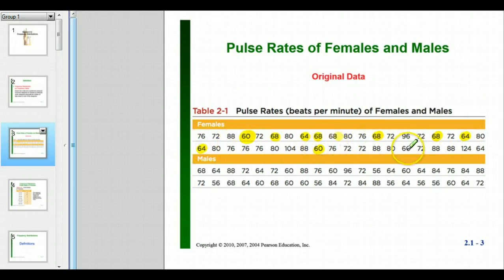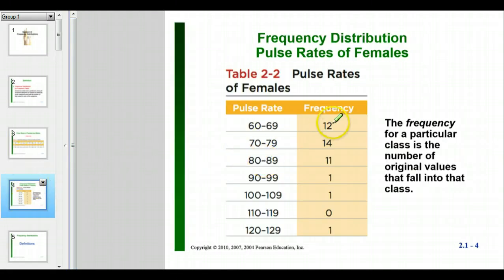And if I count up how many that is, there's 1, 2, 3, 4, 5, 6, 7, 8, 9, 10, 11, 12, and that's where this 12 is coming from on the next screen. Okay, so that's what we mean by the frequency. It's just how many numbers in the data set fall in this range. And if you go back through and count, this is what the numbers look like for all of the different ranges.